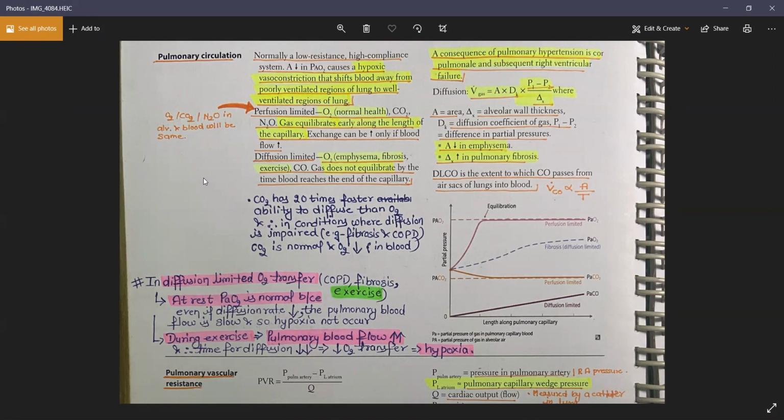So only episodically you will get these things. Only episodically these gases become diffusion limited. When the patient is absolutely normal, in between the episodes, you won't get to see these things in case of asthma. Only when the patient gets an episode, you will see this kind of change from perfusion limited to diffusion limited in case of asthma only.